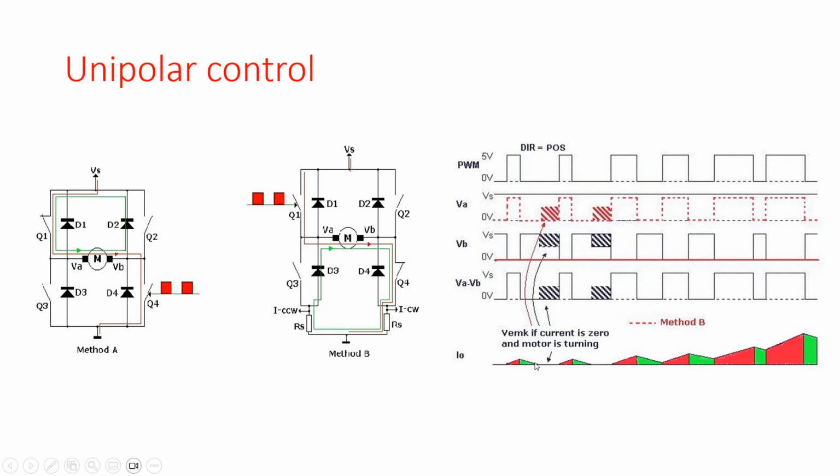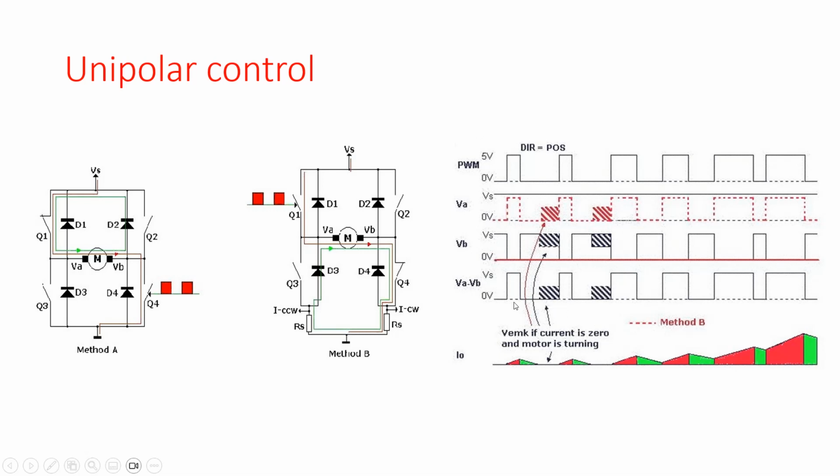So at that point, when the current becomes 0, we have the back EMF voltage across the terminals VA minus VB. So for small values of PWM, there is no direct relationship anymore between the PWM signal and the VA minus VB signal, so the voltage across the motor.